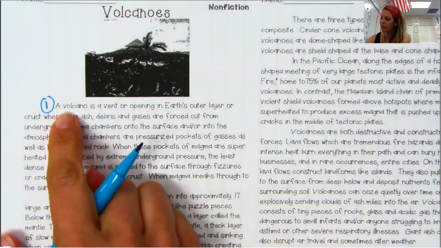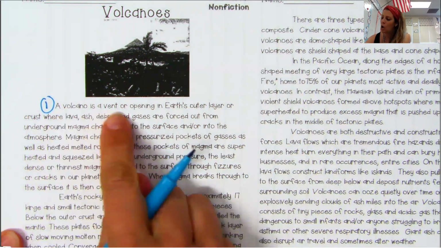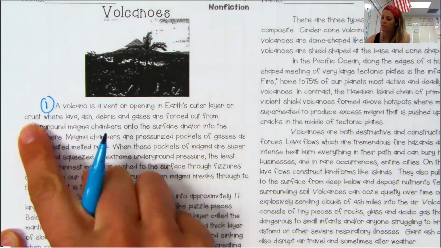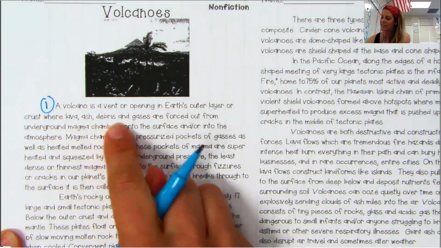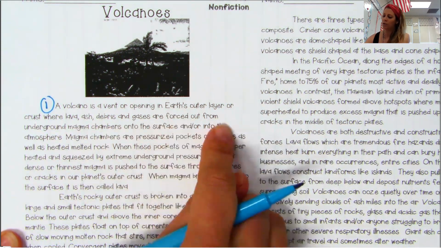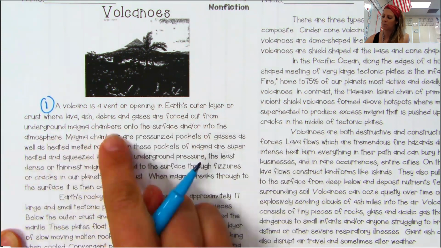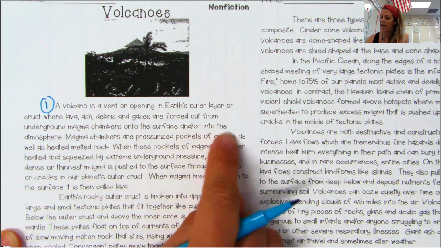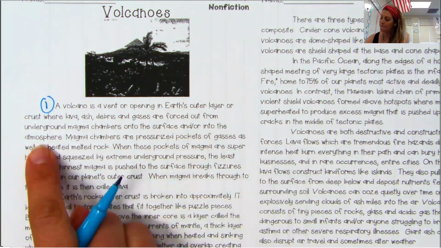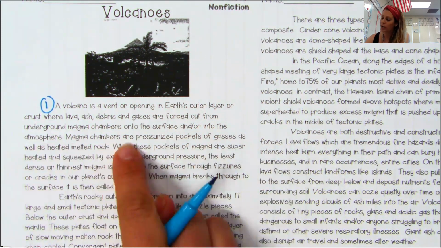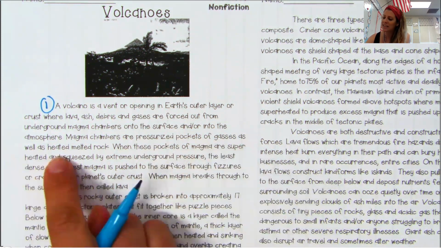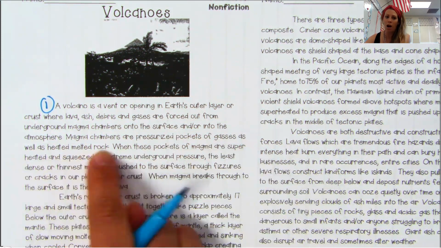Let's go. A volcano is a vent or opening in Earth's outer layer or crust where lava, ash, debris, and gases are forced out from underground magma chambers onto the surface and/or into the atmosphere. Magma chambers are pressurized pockets of gases as well as heated melted rock.